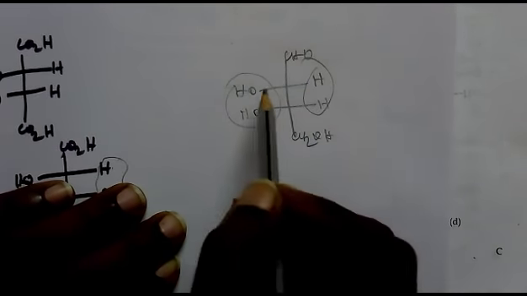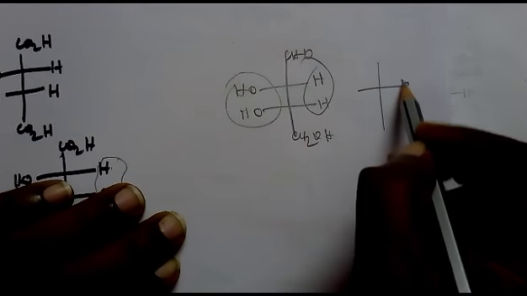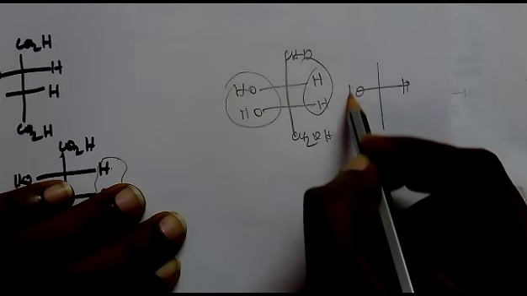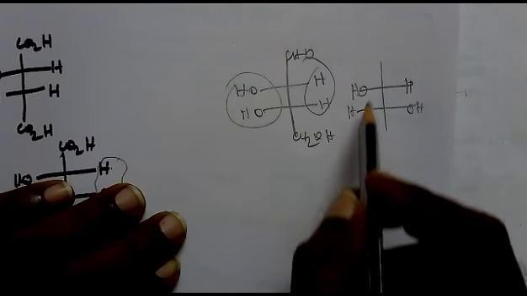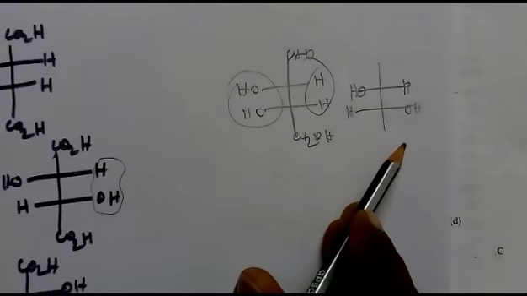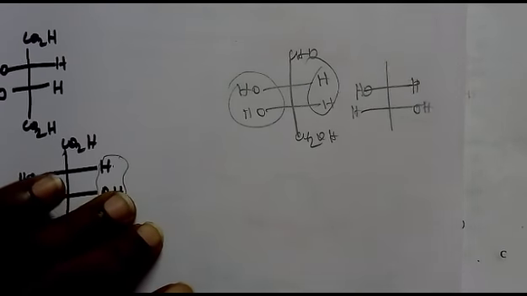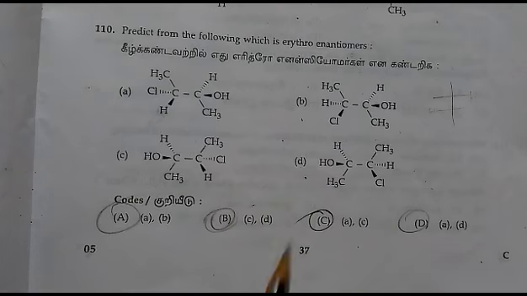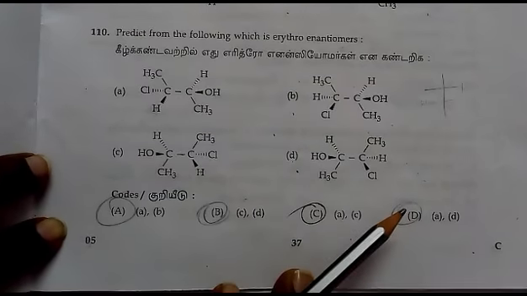If the other way, H here, OH, again OH, H, here opposite, then that is threo. So erythro means same group, same side; threo means opposite side. The question here is, which one is the erythro enantiomer?